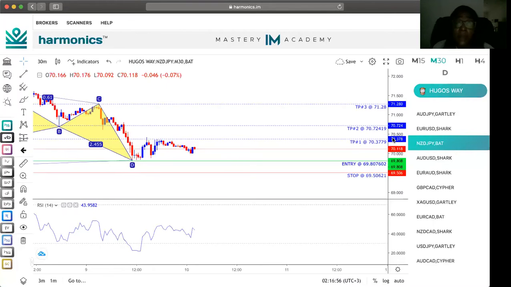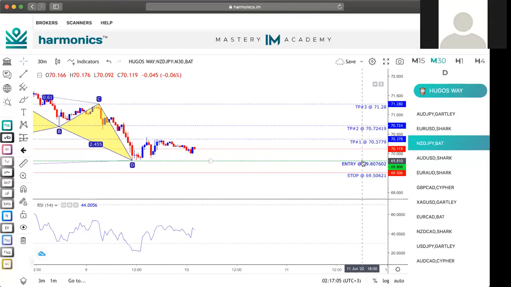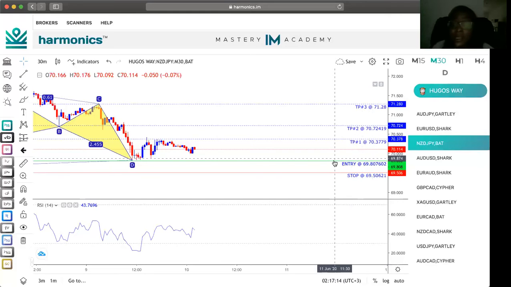Does anybody have any questions so far? Yes. What exactly is an entry? Your entry is when you're going to enter into the market. That tells you the exact, well, not time, because we don't go based off time, it goes off price. So this is the price point where we're going to enter into the market, at 69.80.